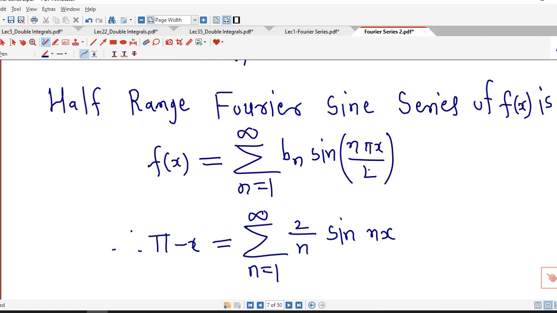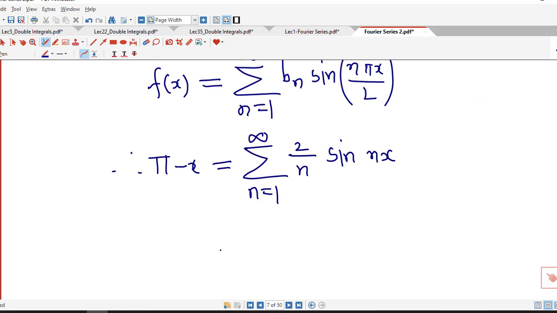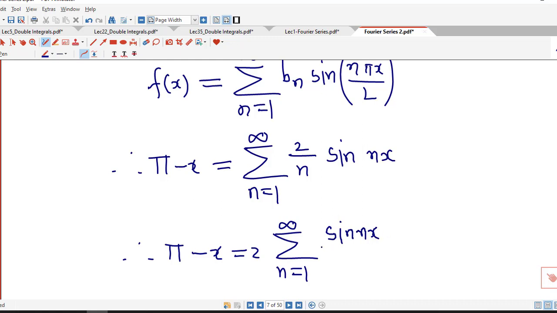When L is pi, this pi will cancel out, and here 2 is independent of n, so we can take it outside, and we have 2 sigma n equal to 1 to infinity sin nx divided by n, x is in between 0 to pi.